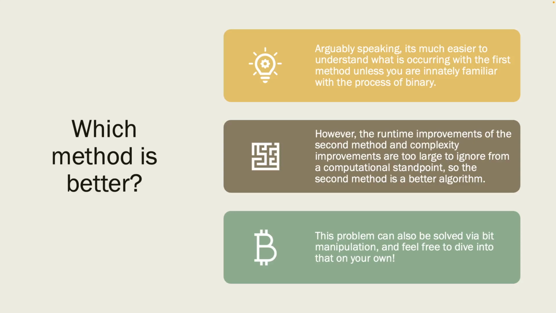So, which method of these is better? Arguably speaking, it's a lot easier to understand the first method. Who found it easier to understand the first method over the second one? Most people. But just by nature of this problem, the second method, the complexity improvements, and the different test cases that could pass through the second method, not the first, that's a lot.